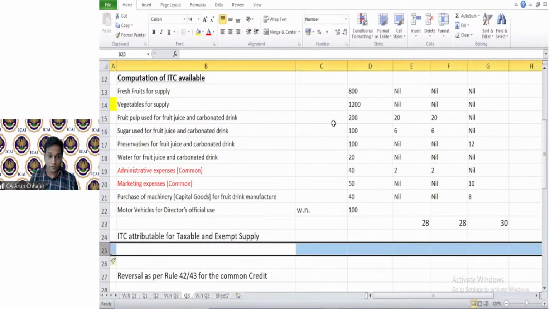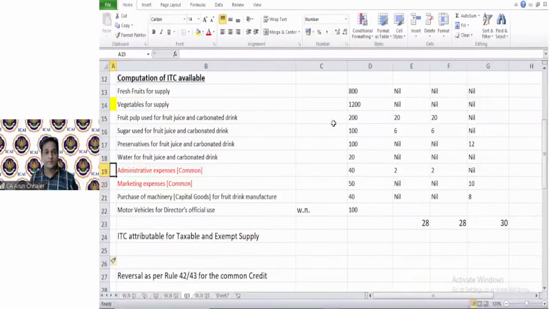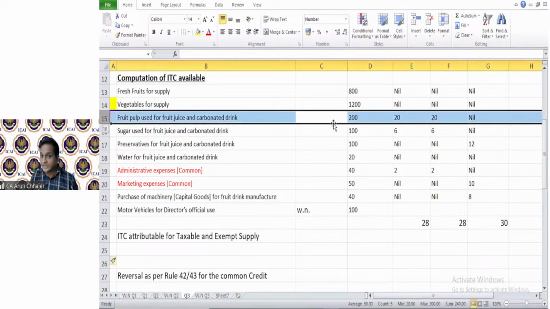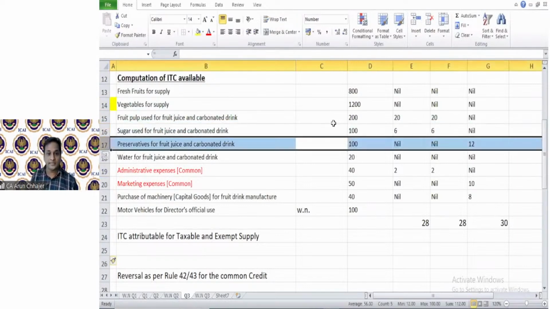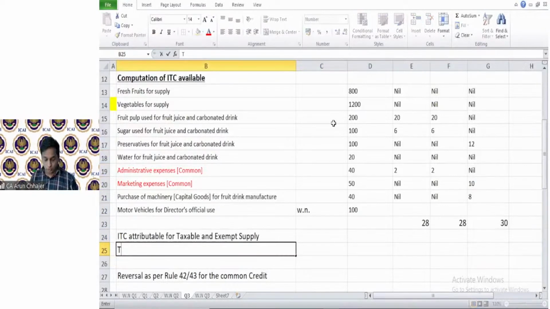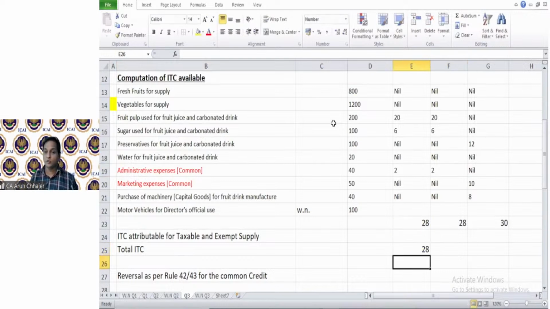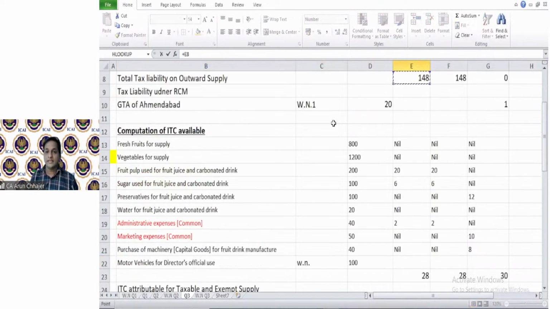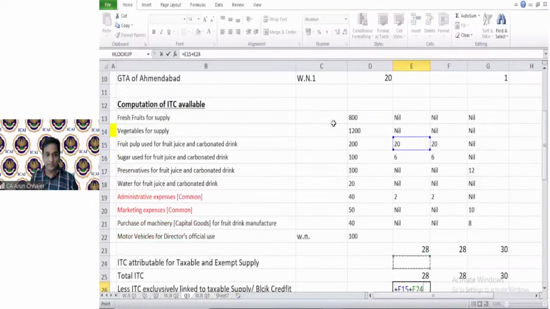Correct. Now I can say this is exempt supply, this is exempt supply, this is fully taxable supplies. So how much is the total ITC? 28, 28 and 30, less ITC exclusively linked to the taxable supplies or block credit, etc. I can say this one.